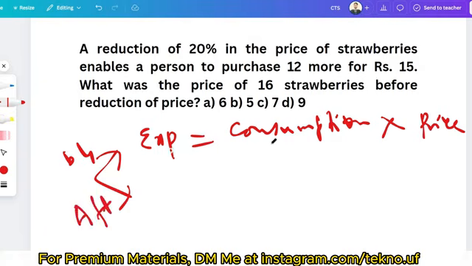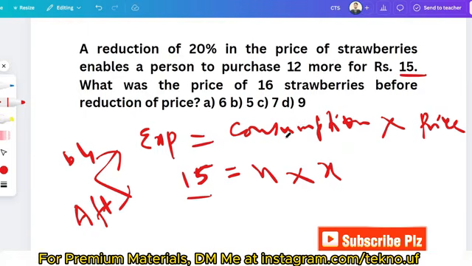So before reduction of price, the expenditure is fixed, that is Rs 15. Consumption is, let's say, N, and price is X, let's say. So this is the scenario before the reduction of price.